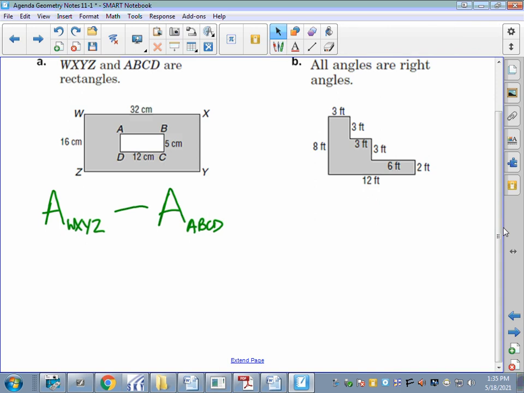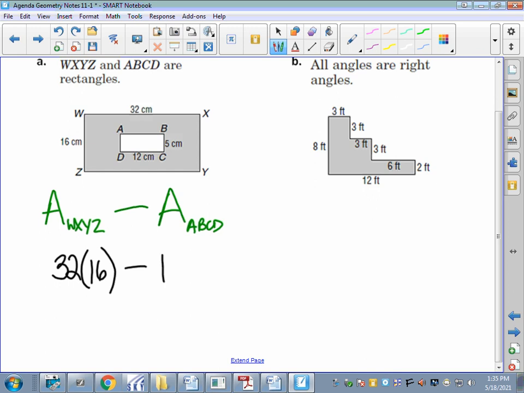So this doesn't seem that bad. The area of WXYZ, base times height, looks to me like it's a 32 base times a 16 height. Area of ABCD, the base is 12 and the height is 5. I'm going to just do these 2 pieces separately. So what's that end up being? 512 for the area of the larger, minus 60 for the area of the smaller that we're taking away.